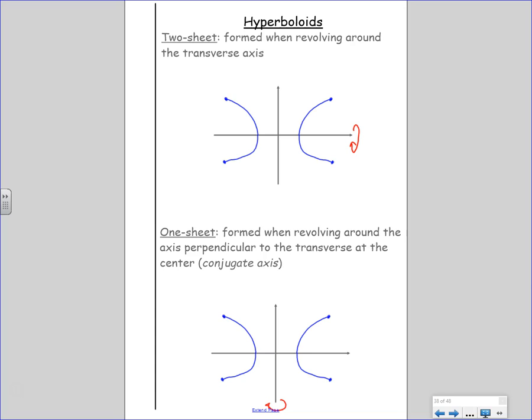Some of you can visualize these spinning and can visualize what it would look like. Some of you can't so much. Those of you that can visualize, imagine you have these little hyperbolas on a string or on a stick and you start spinning really fast. What's it look like? Looks like miniature paraboloids. Like a generator.